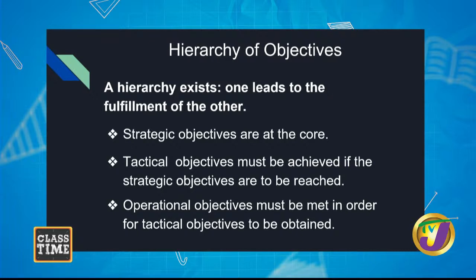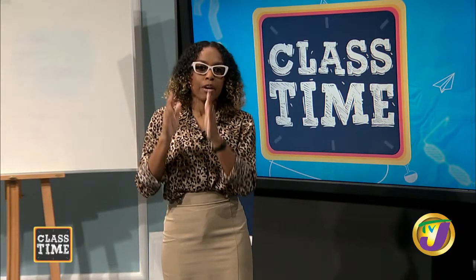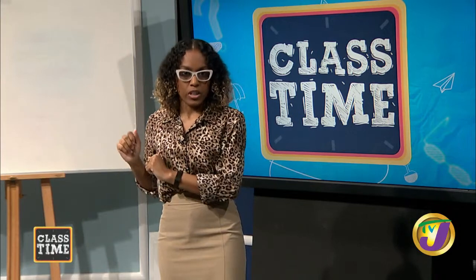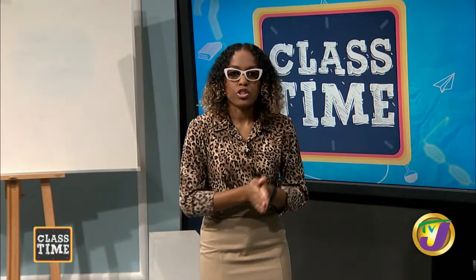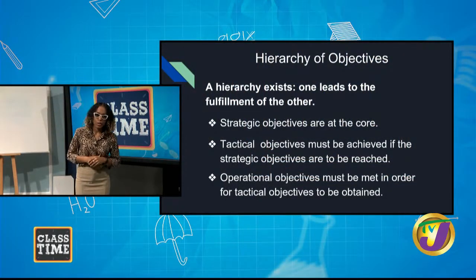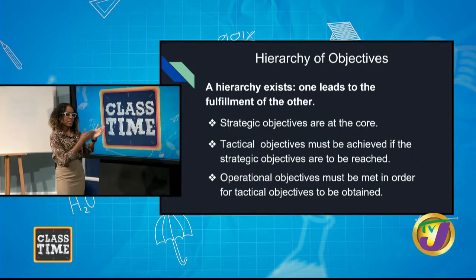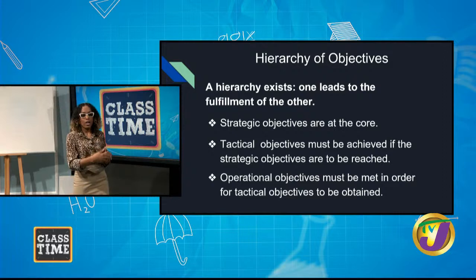The other one now, tactical objectives. Remember, we're looking at the hierarchy of objectives, and you would have mentioned that hierarchy is the levels of objectives. So in order for us to reach the strategic, we must be coming from another level, and that level is the tactical objectives. These objectives must be achieved if strategic objectives are to be reached.